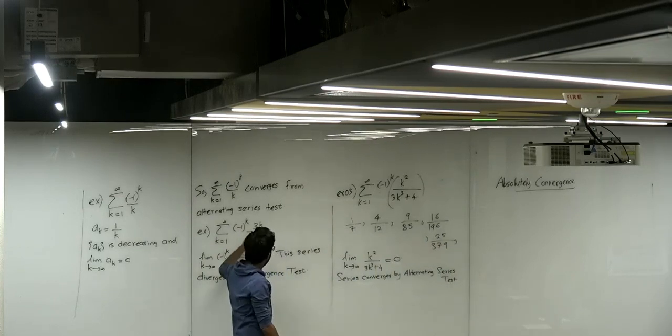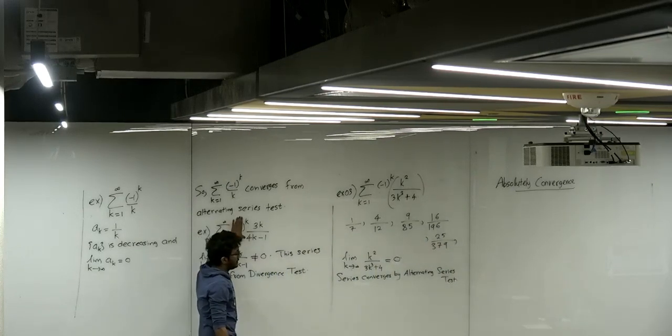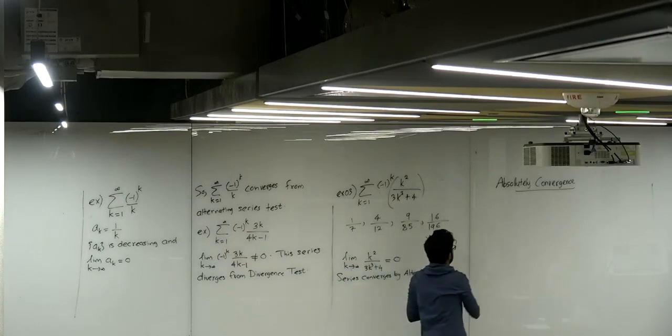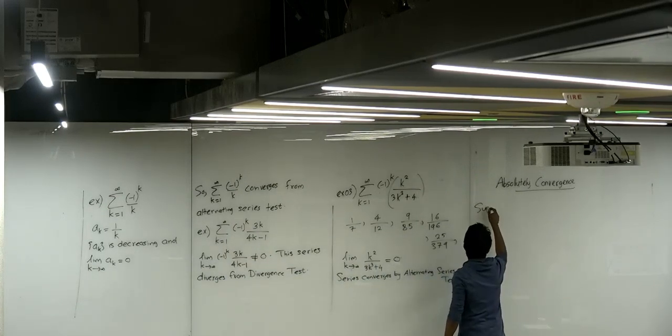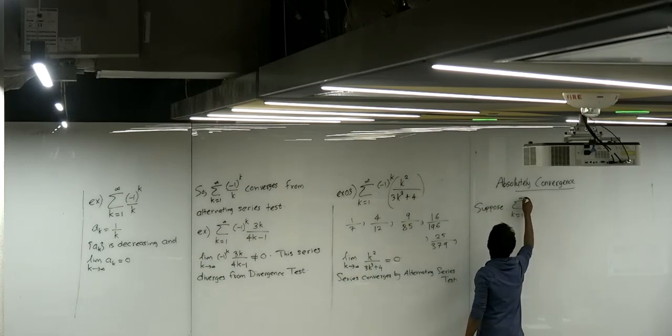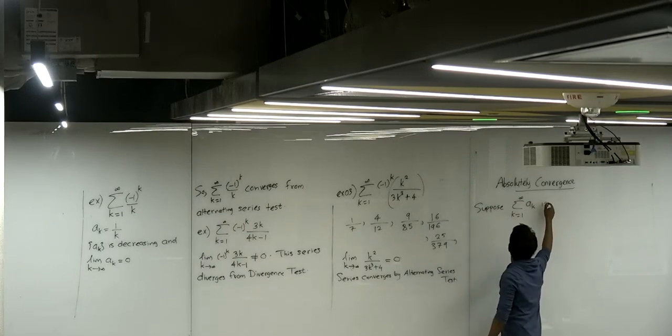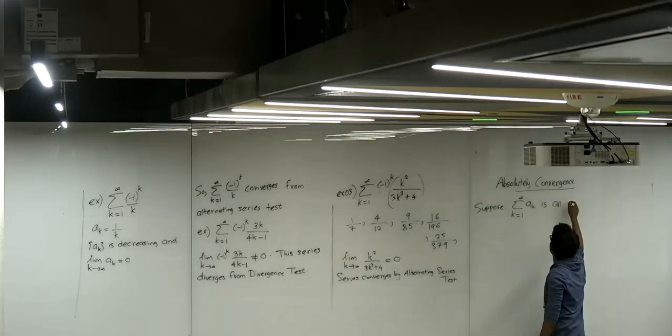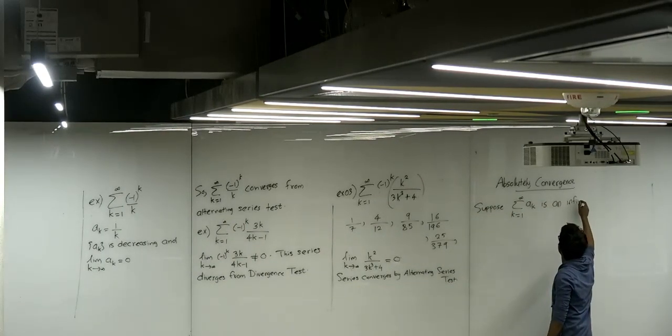And it need not be an alternating series. So let's consider some series. Suppose the summation k goes from 1 to infinity of a_k is an infinite series.